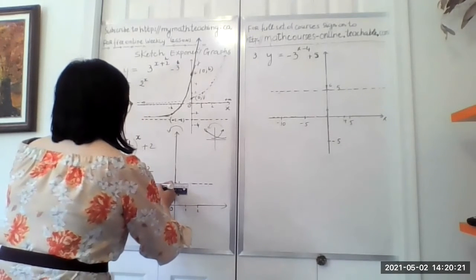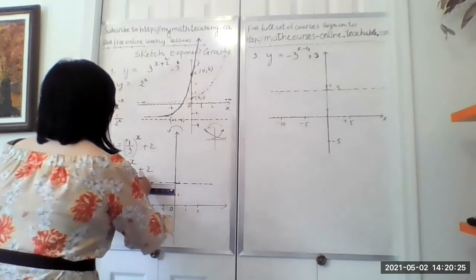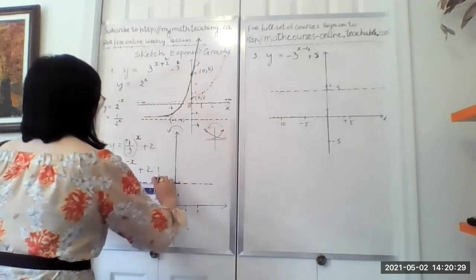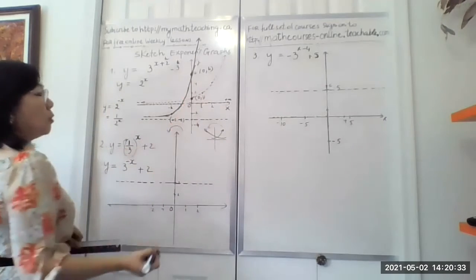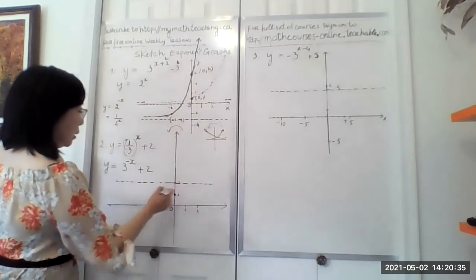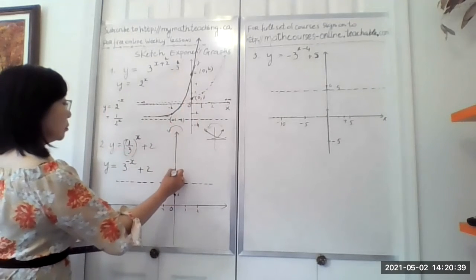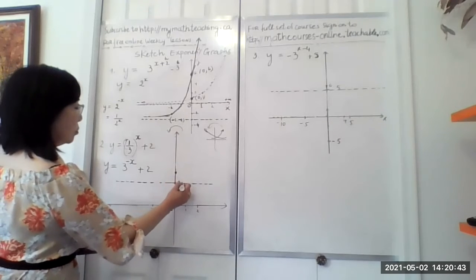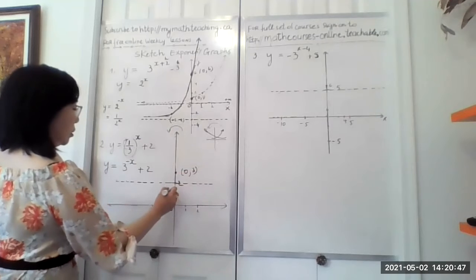We shift up by 2 units, and that's our new horizontal asymptote. And instead of the y-intercept at 1 right here, now we shift up by 2 as well. 1, 2. So this is 2. So this will be 0 and 3.